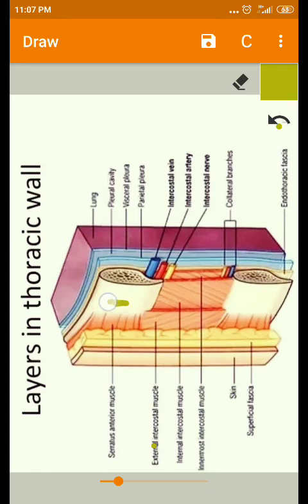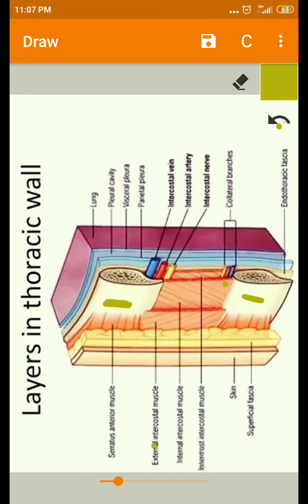In that you'll have the ribs. These are the ribs. In between these two ribs you'll have some spaces called the intercostal space. This intercostal space is filled with intercostal muscles, and also contains intercostal nerves, vessels, and the lymphatics.